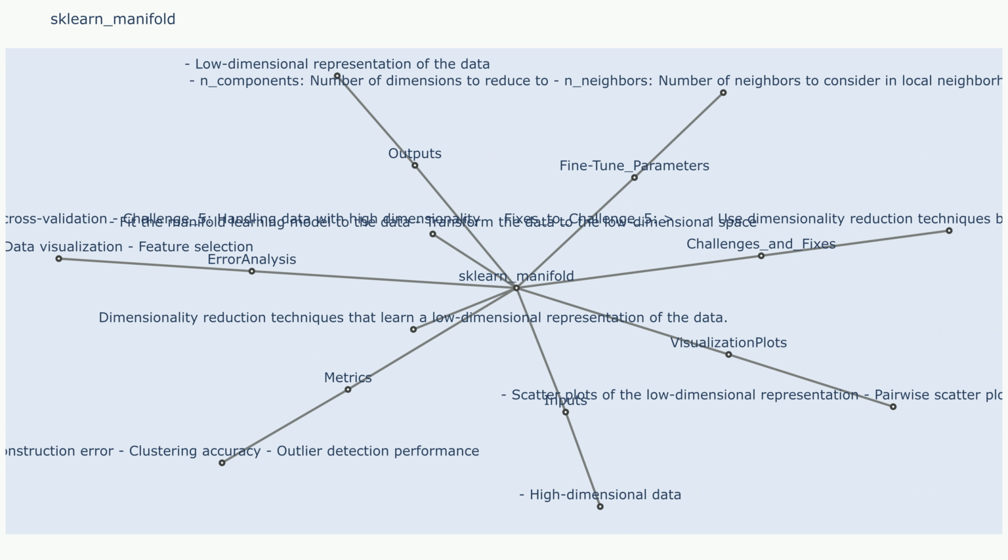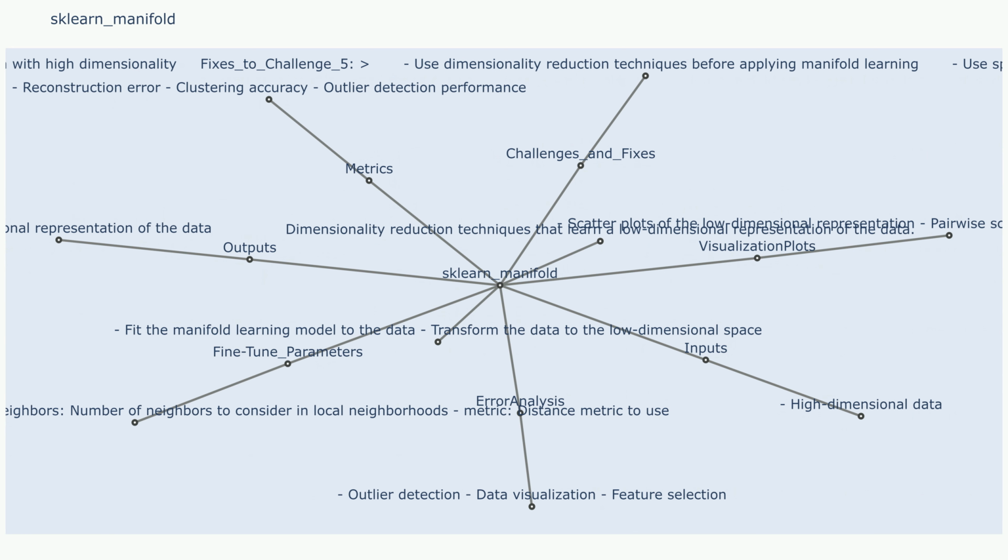Steps. Step 1, initialization. The manifold learning algorithm starts by initializing the embedding space and assigning initial positions to the data points. Step 2, optimization. The algorithm iteratively adjusts the positions of the data points in the embedding space based on the chosen distance metric and constraints.